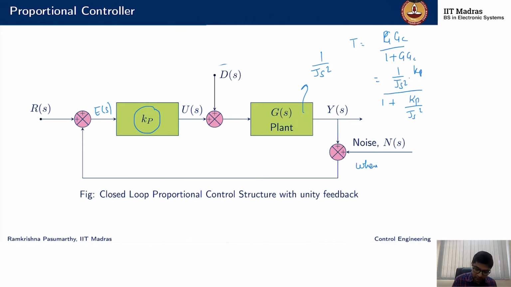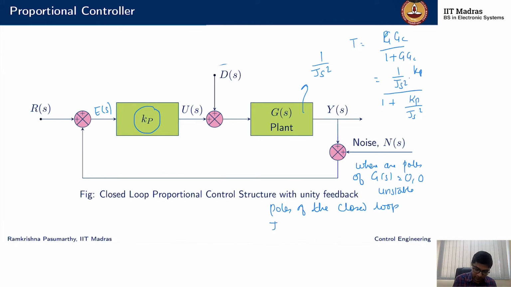So where are the poles of G of s? That is at 0, 0, and this we know is unstable. Okay, so where are the poles of the closed loop system? Look at the denominator.